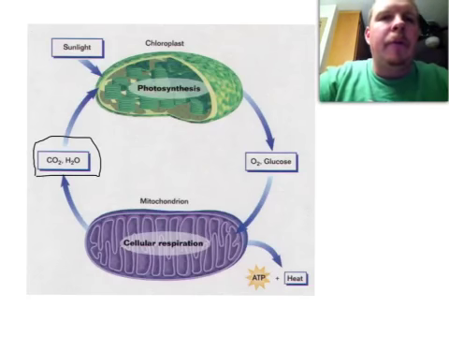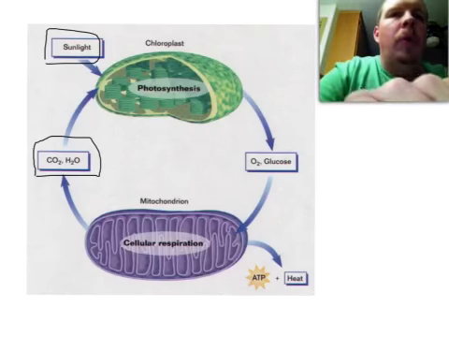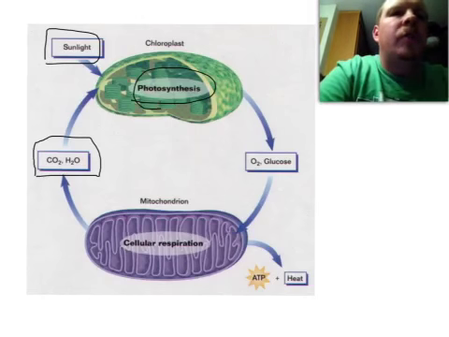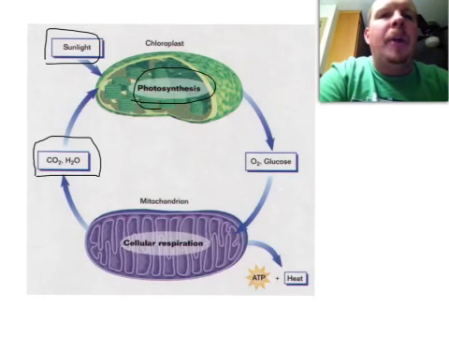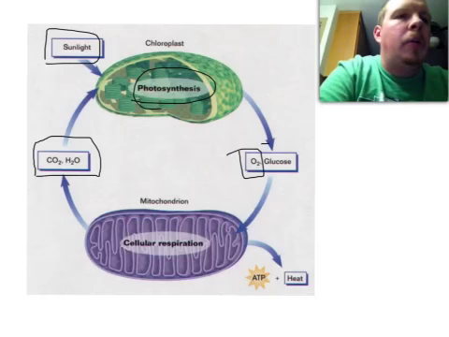So thinking back to our formula, 6CO2 plus 6H2O plus some sunlight will go into the chloroplast. You'll get photosynthesis, and the process takes the carbon dioxide and the water and makes oxygen and glucose.